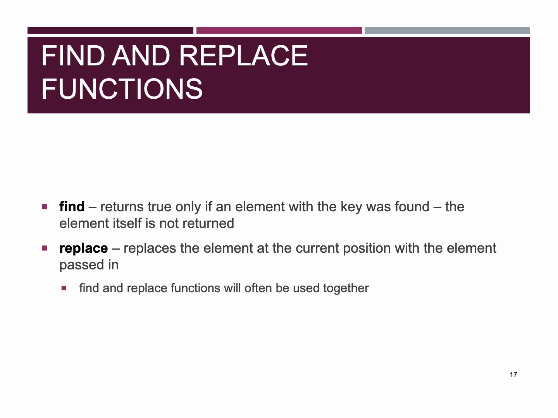Then the replace function is used to replace the element at the current position in the list with a new element that is passed into the function. This is useful when you want to update the data of an existing element without changing the structure of the list. Often these two functions are used together. For example, you might first find an element and then replace it with a new value once you have confirmed its existence.